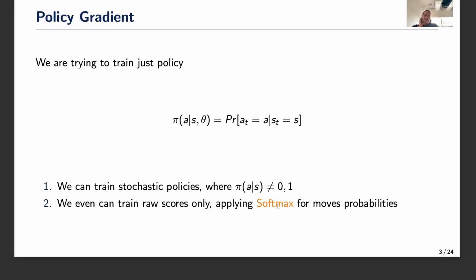That means that during training we are essentially just optimizing those raw scores, and softmax handles the normalization. So this setup is fully differentiable, which makes it very friendly for gradient-based optimization methods like Adam or just SGD.